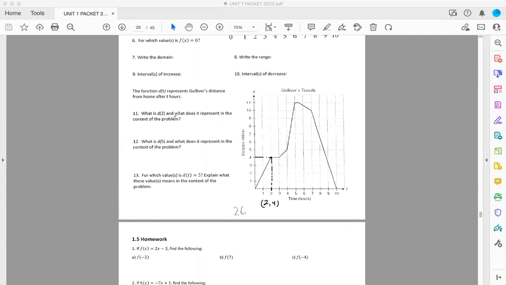So here, when they say, what is d of 2, and what does it represent in the context? So you can say, let's type it up. d of 2 equals 4. This means that there's a time of 2 hours, and the distance is 4, right? This means that Gulliver had traveled 4 miles in 2 hours.